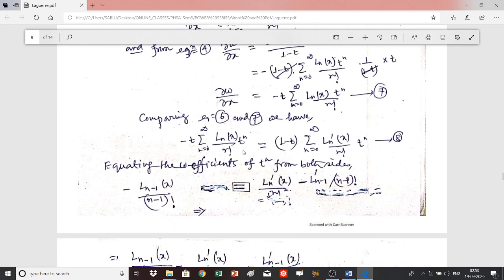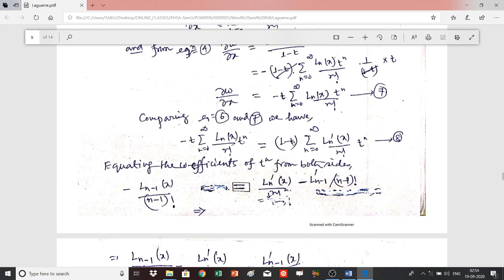Now just equate the coefficients of t to the power n from both sides of equation number 8. Since t is multiplied with t to the power n, this will give you t to the power n plus 1. So in this expression, n should be replaced by n minus 1, and once you do it, you will get L n minus 1 x by n minus 1 factorial. That will be equal to the first term, 1 into this, the coefficient of t to the power n, which is L n prime x by n factorial.